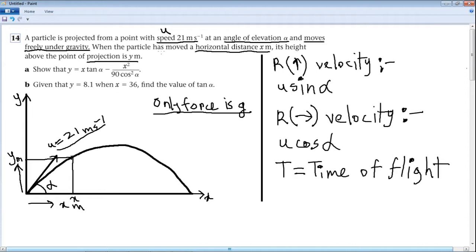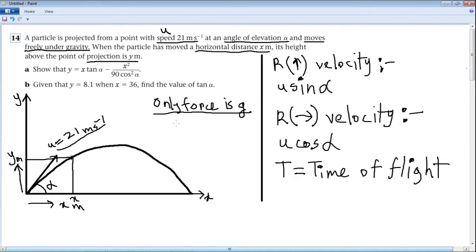At first let us know what it means. What does moves freely under gravity mean? This means that the only force acting here is G, in other words gravitational acceleration. There is no other force besides gravitational acceleration. So we have only the vertical component of force, which is gravity, and we have no horizontal component of force.